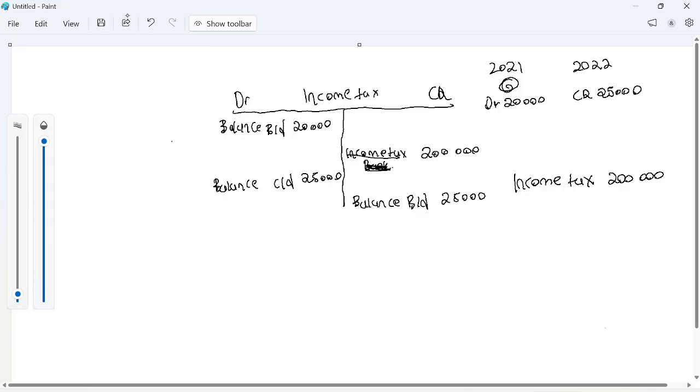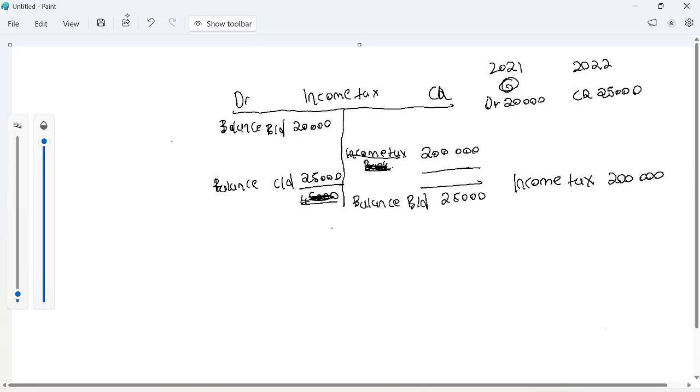Now if you can see here, you add the two, right? And you take together this side, meaning you're going to say 20,000 plus 25,000, you're going to have 45,000, right? But wait, I made a mistake here.